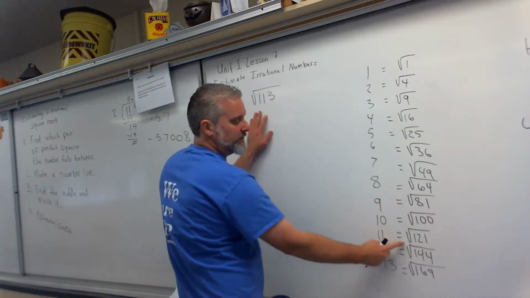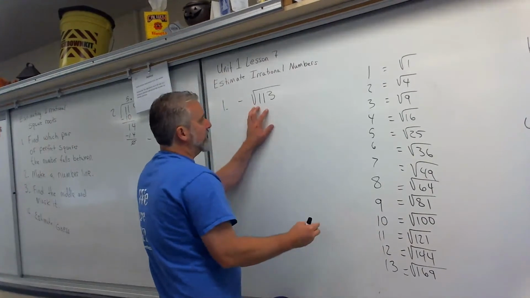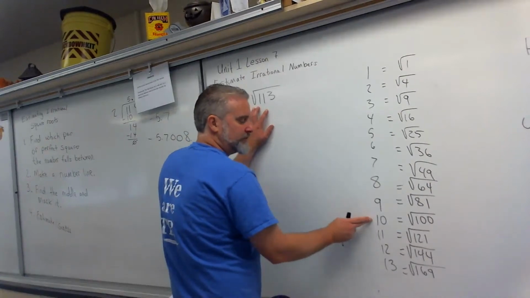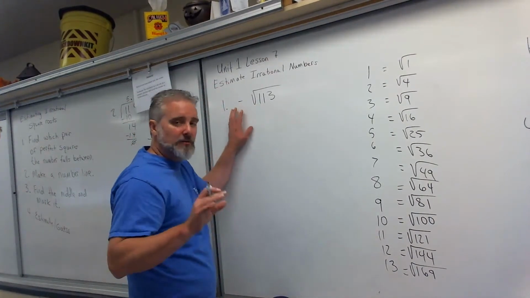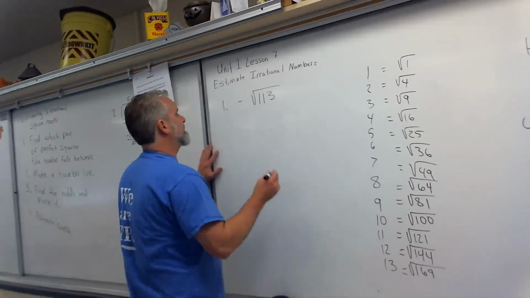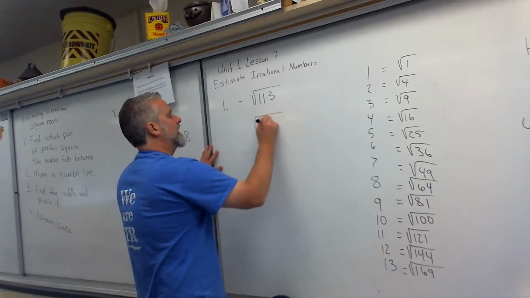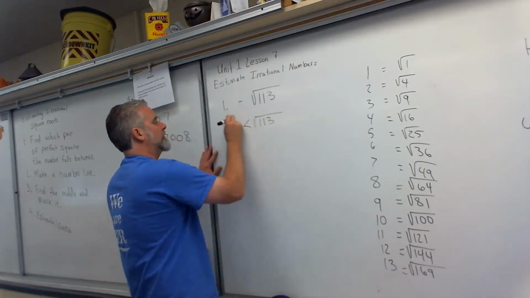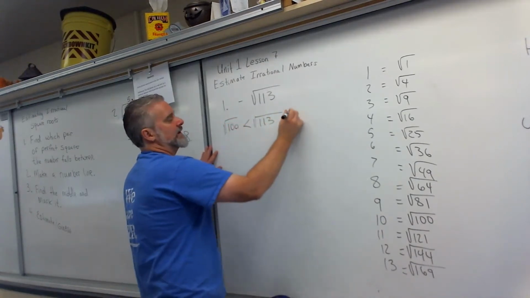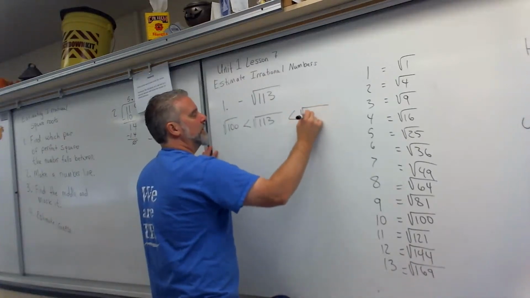Square root of 121 is 11. So our 113 is going to be somewhere between 10 and 11. Now I know there's a negative sign out front, and we're just going to hold off on that negative for right now. So I'm going to put 113 is greater than the square root of 100 and less than the square root of 121.